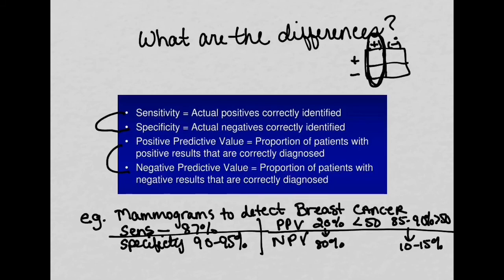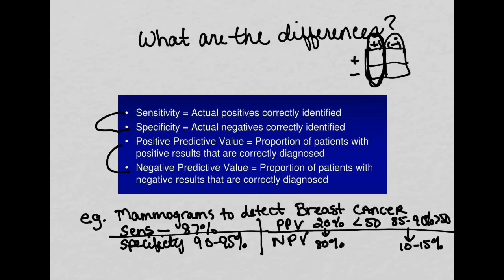So that sensitivity, let's just say it's a mammogram, the sensitivity is about 87%. That just means 87% of those women or men that already have breast cancer will test positive for breast cancer. And the specificity is about 90 to 95%, so the actual negatives correctly identified.